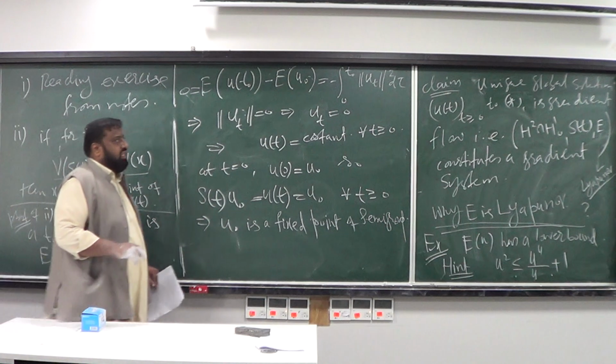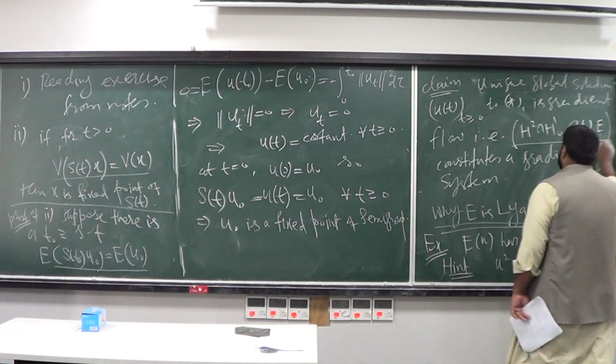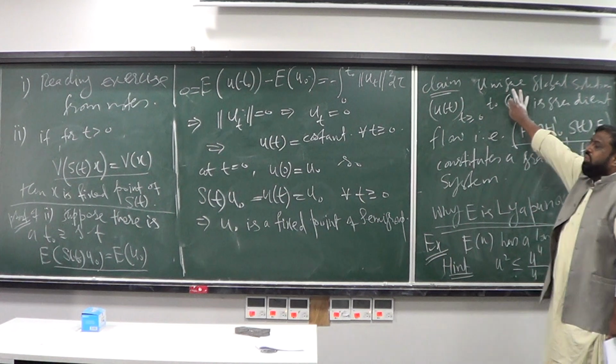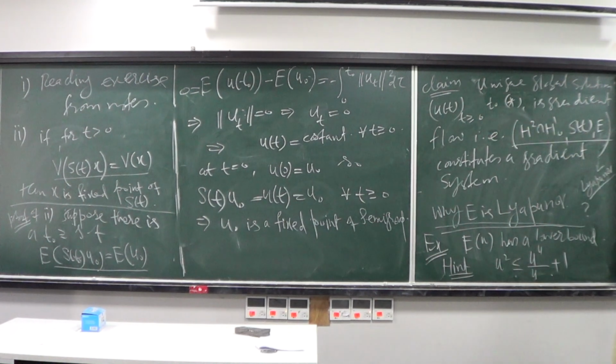So this means that this constitutes a gradient system. And if it constitutes a gradient system, then u is a gradient flow actually.